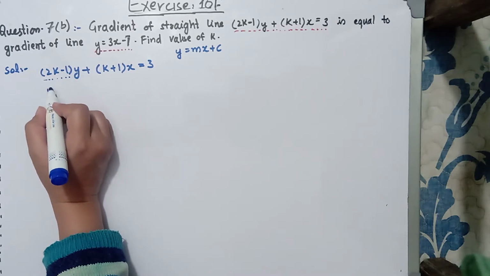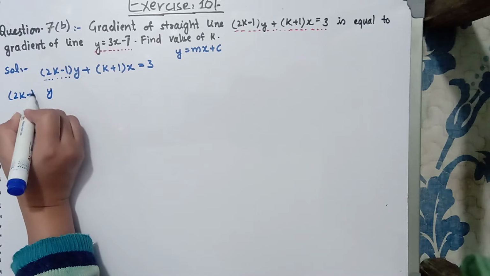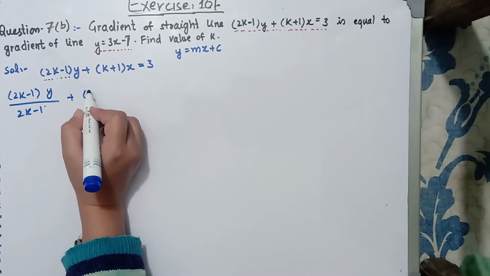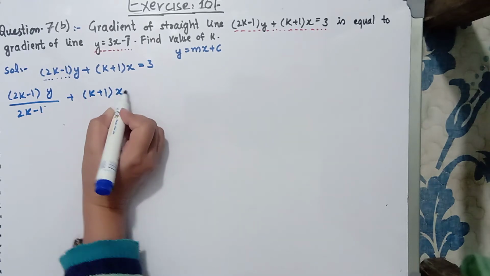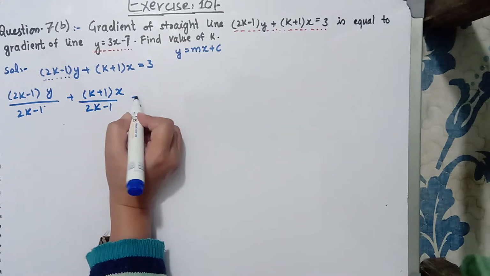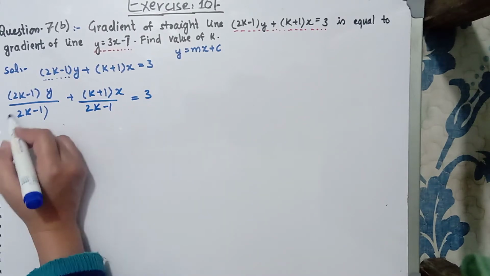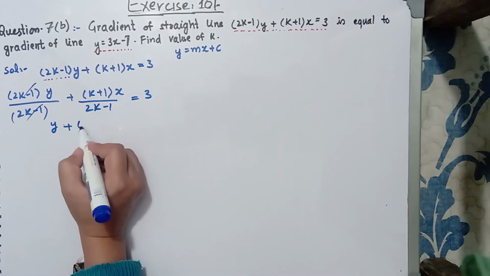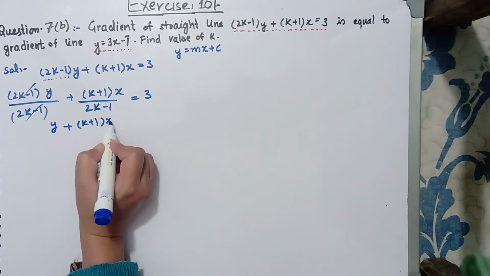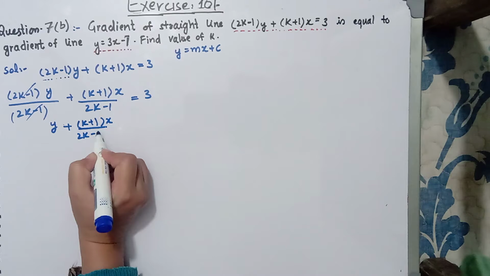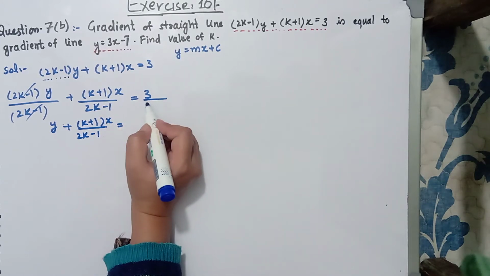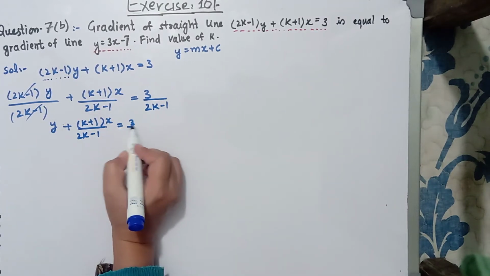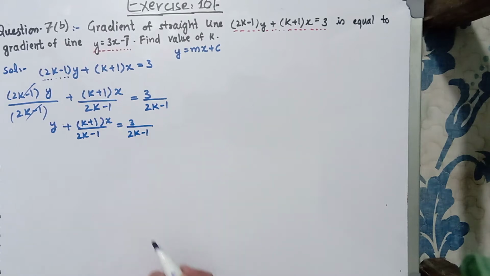On dividing, let's do all the steps. 2k minus 1 divided by 2k minus 1 plus (k plus 1) into x divided by 2k minus 1 equals 3. Now this whole term will be cancelled by this one, and I will have y plus (k plus 1) into x over 2k minus 1 equals, you will divide this 2 by 2k minus 1, because we have to divide the whole equation by 2k minus 1.